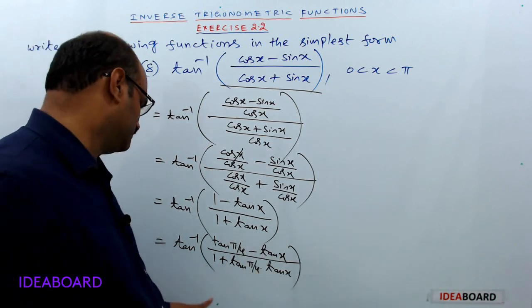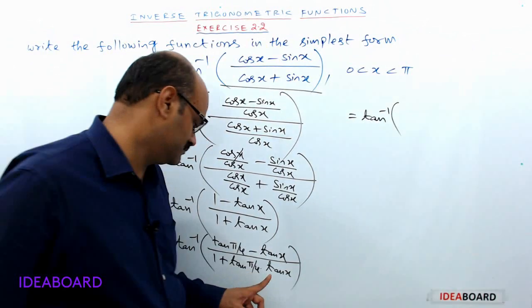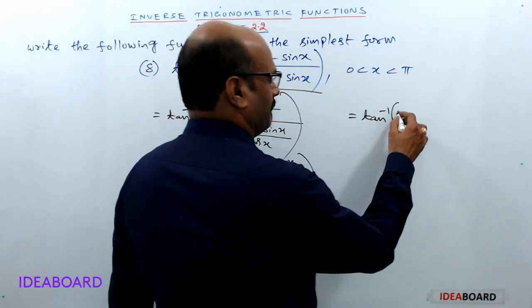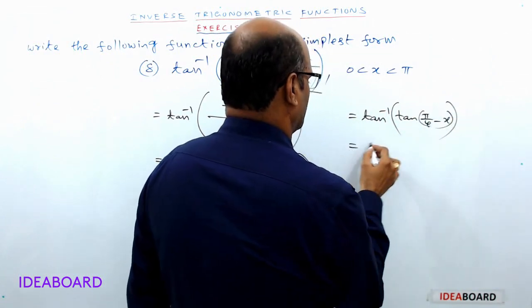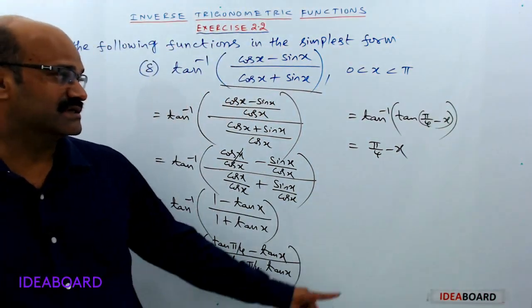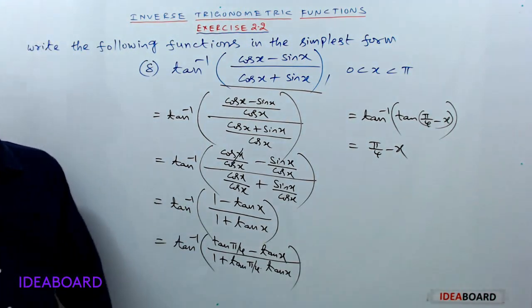So it's equal to tan inverse of tan of (pi by 4 minus x), equal to pi by 4 minus x. So this is the simplest form of the given problem.